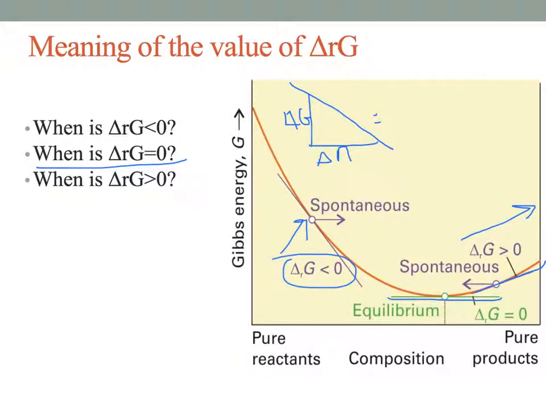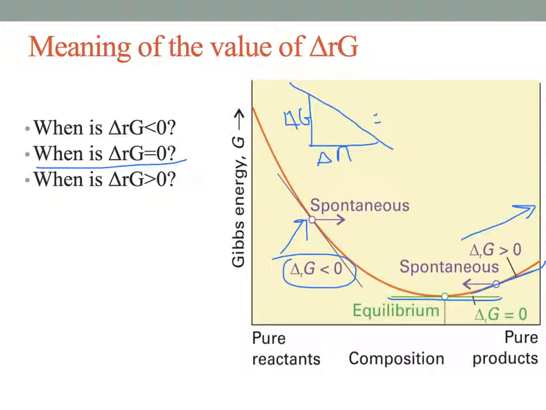Okay, so it wants to go back in this direction to where the Gibbs energy is at the minimum. If you notice that at each one of these points, what these reactions are trying to do, it's spontaneous in the direction that is required to get to the energy minimum for delta G. So it's spontaneous in the direction that it will need to go in to get to the lowest value of delta G. Okay, so just one more time.